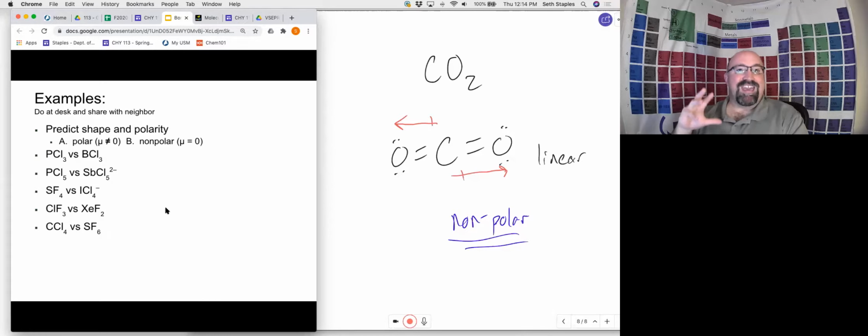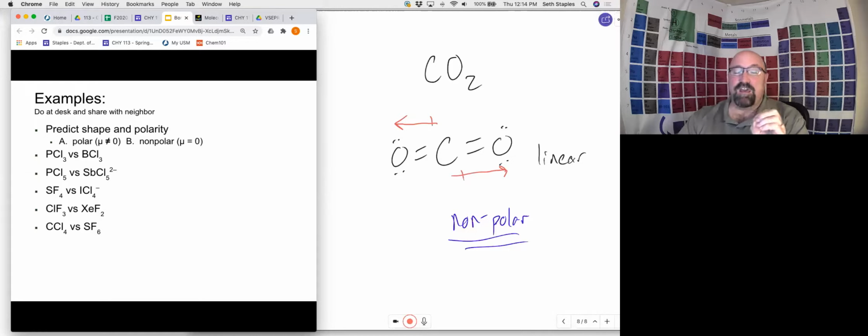And then finally, analyzing all of those polar bonds together to determine if the entire molecule is polar or not. We will be using this idea a lot in some upcoming units to really start to look at the properties of some compounds. This is going to be this idea of polarity and molecular shape.